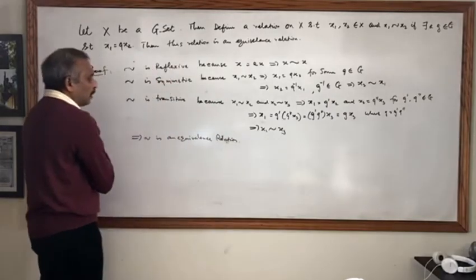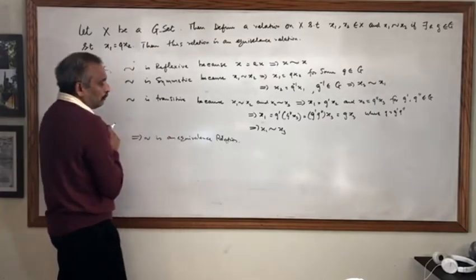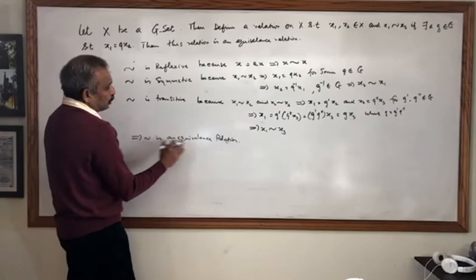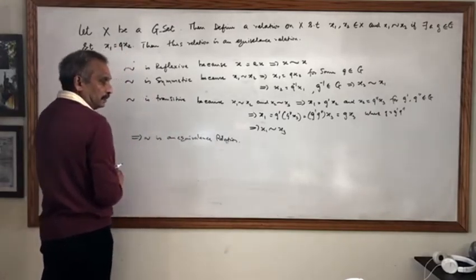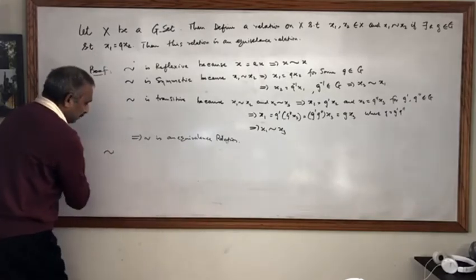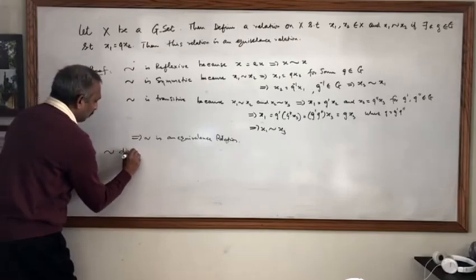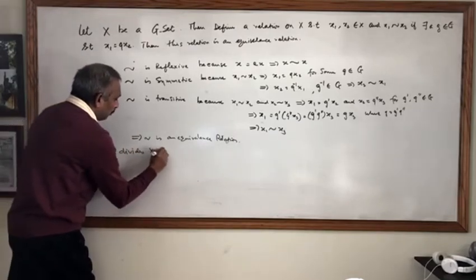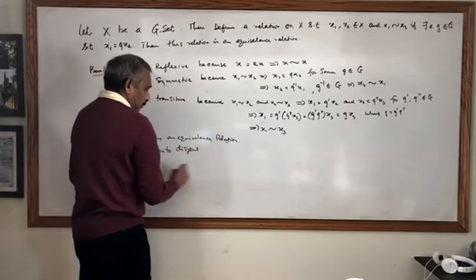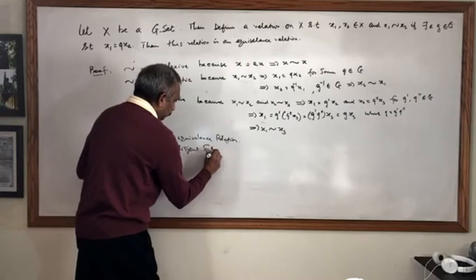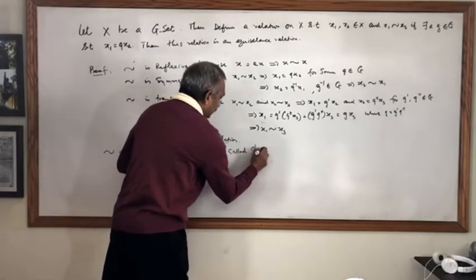And what does an equivalence relation on a set do? It splits X into disjoint classes. So this relation divides X into disjoint subsets called classes.